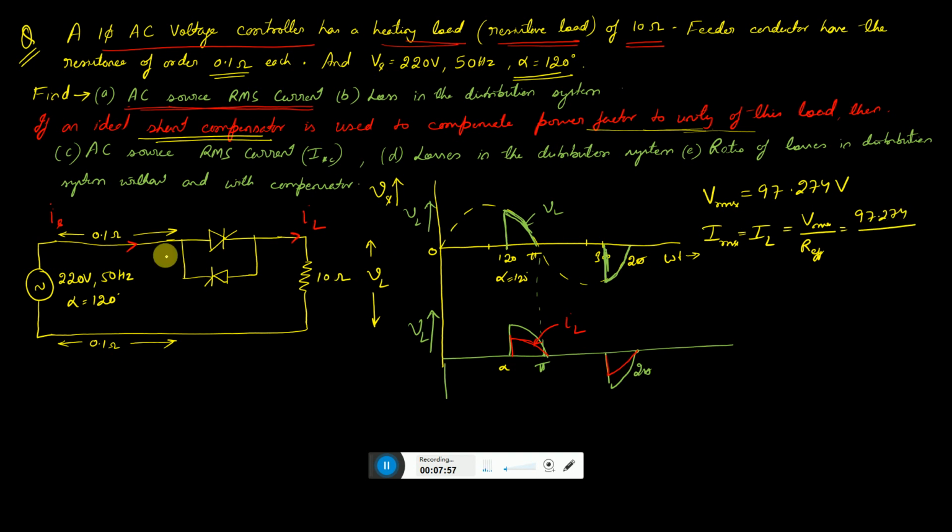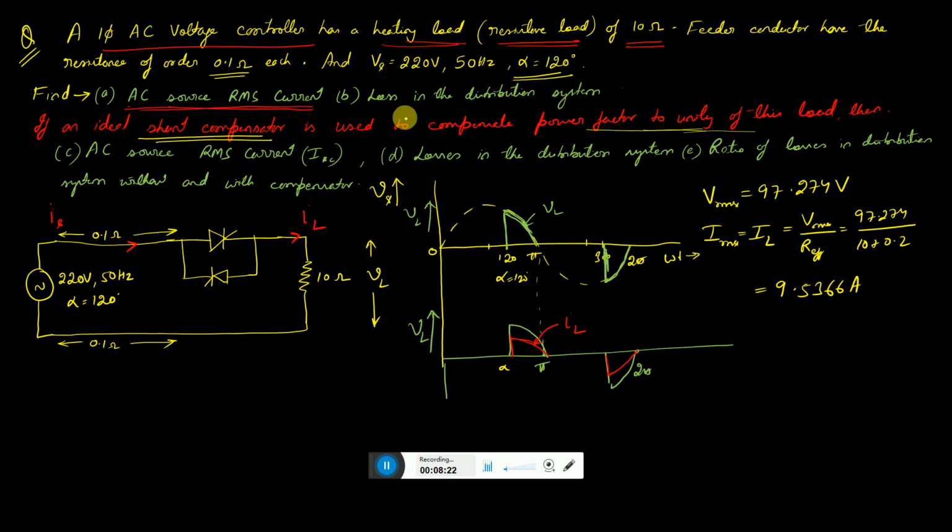R effective is the total resistance in the path, that is 10.2, or 10 plus 0.2. So this will be equal to 9.5366 amperes. That is the value of IL here. Obviously IS is the same value.